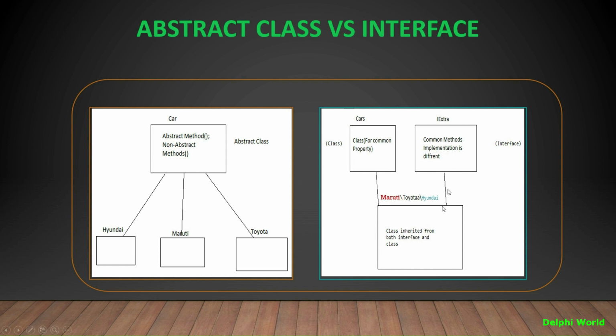At that time, we have to give the definition of all the common methods present in the IExtra interface. So we can implement in both ways, the only thing is how we implement when we use the interface and when we use the abstract class. So this is all about the abstract class.